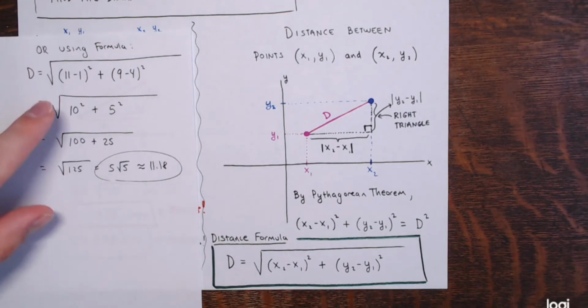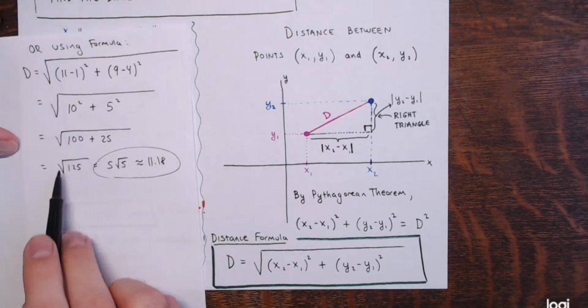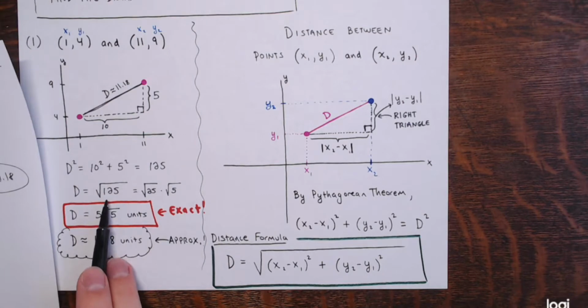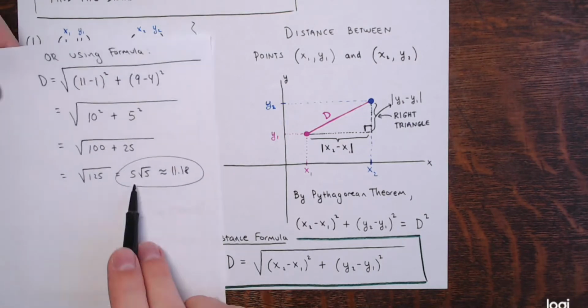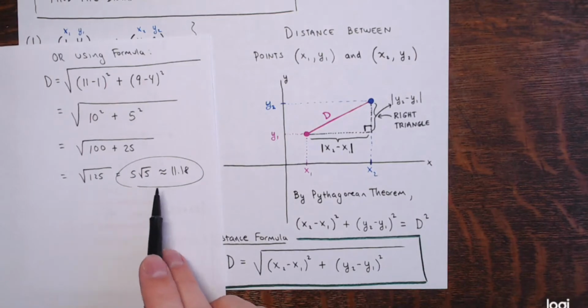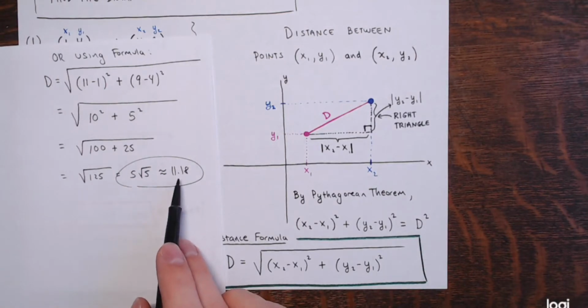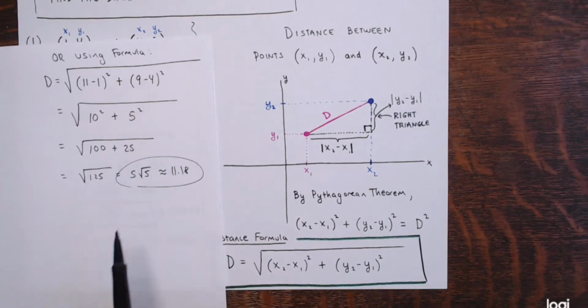So the square root of 125, just like I had earlier with the picture, right? 5 times the square root of 5 as the exact distance between the points, or approximately 11.18 units apart, or 11.2 if you're going whatever decimal place you're rounding to. Just pay attention.